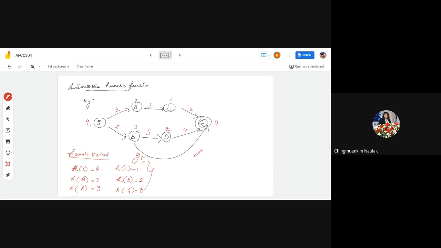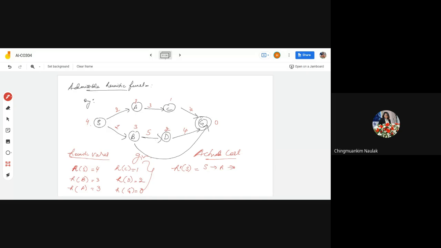Now what is the actual cost? Suppose you have to find out the actual cost for S. It is from here till the goal node without taking into consideration the heuristic value. So how much is it?